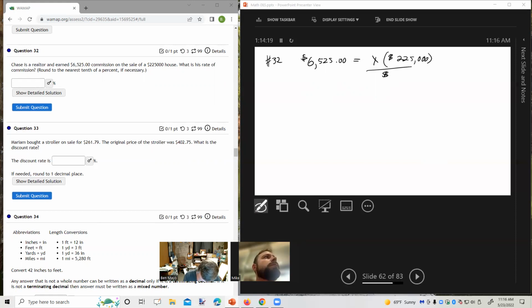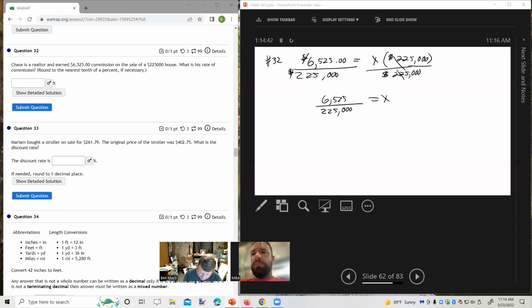Divide both sides by 225,000. Get rid of that. Let's see here. So 6,525 over 225,000. I have to multiply that by 100% over 1, because the commission rate would be written as a percent.